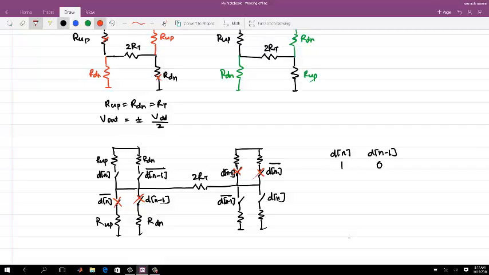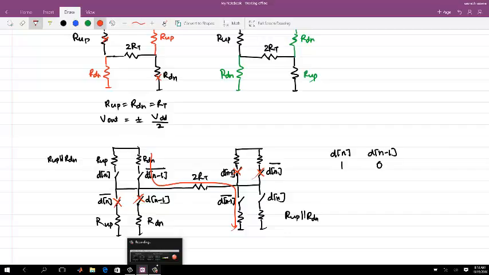So the net resistance here at top is R up in parallel with R down, right? And the bottom also, this is R up in parallel with R down. Okay, and there is no current in the bottom branch, and all the current is flowing through the top, this means you can say the current is flowing in this manner.